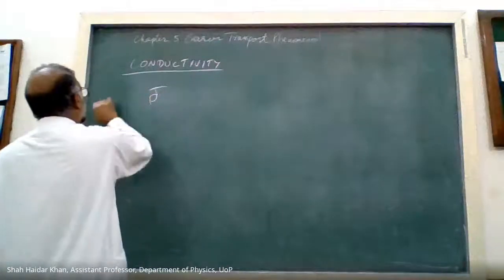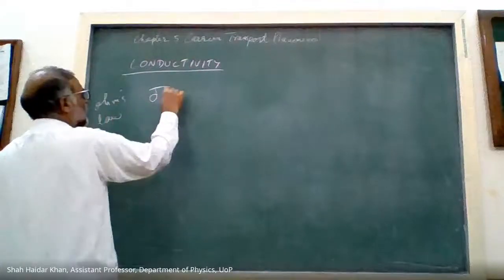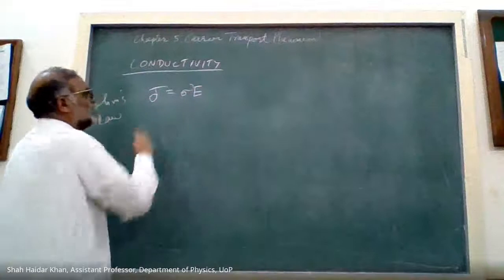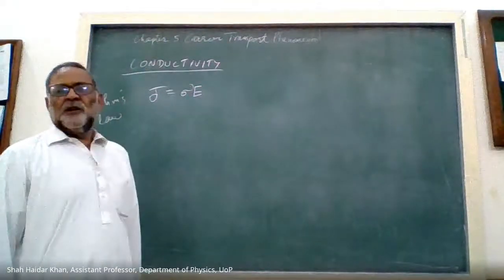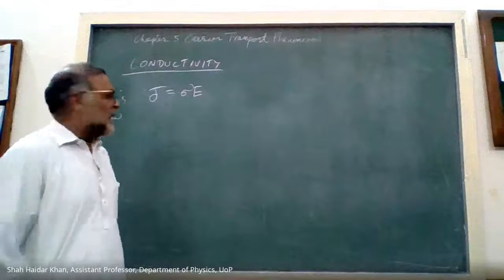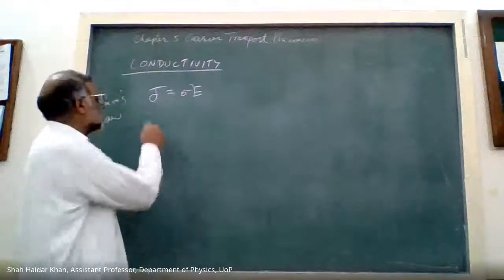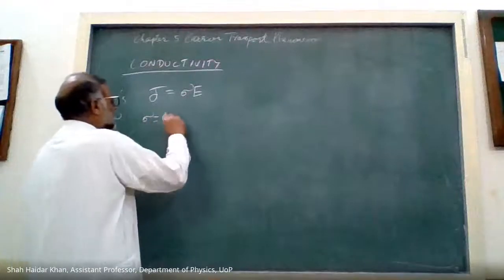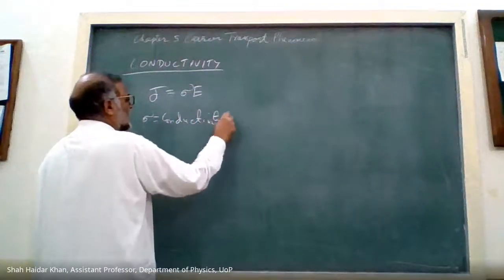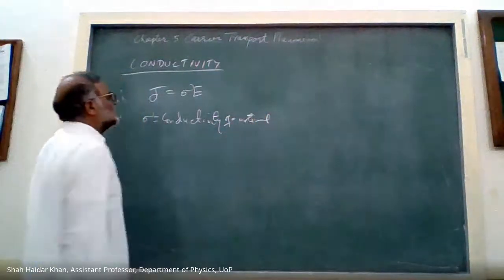From Ohm's law, we know that J is equal to sigma E. J is directly proportional to the electric field. That is Ohm's law: J is equal to sigma E, where sigma we call the conductivity of a material.